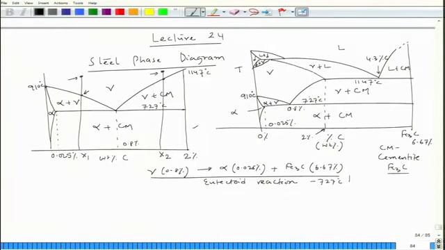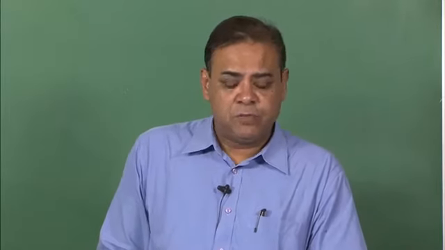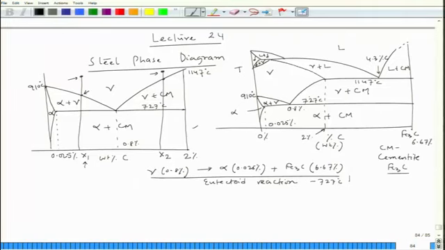Also, as per this nomenclature, if we take a composition just at the eutectoid composition, we call it eutectoid steel. If we take a composition less than the eutectoid composition, that means this particular x1 composition, we call it hypoeutectoid steel.